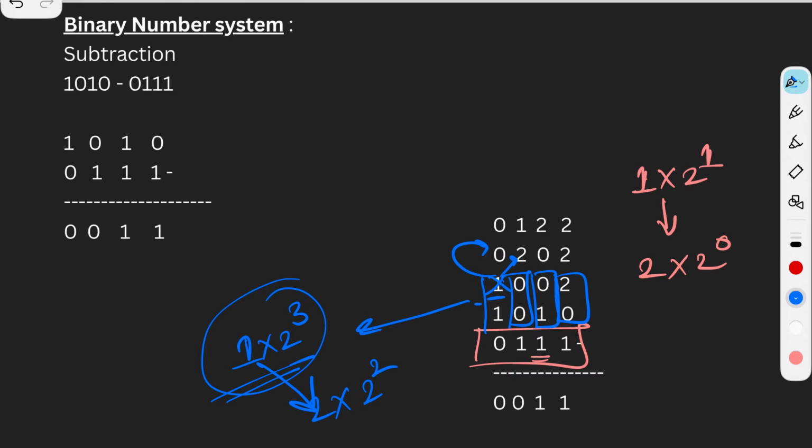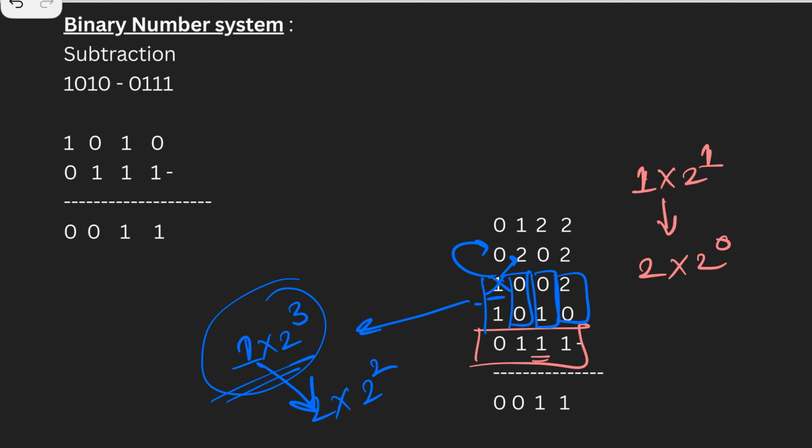But this doesn't solve our problem. Our problem was taking away this 1 from this 0. This 0 asks for the help of its neighbor 0, but it has no value. So we took from another neighbor, right? So this 1 got transformed into 2 at this particular location. Now this 2 is going to provide one value to this location.